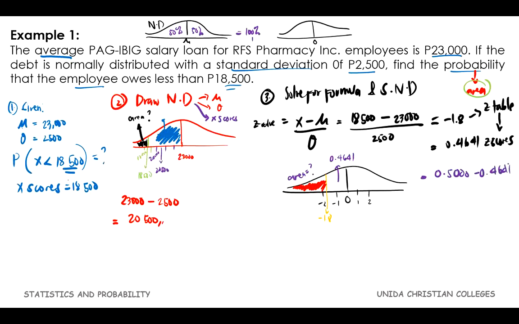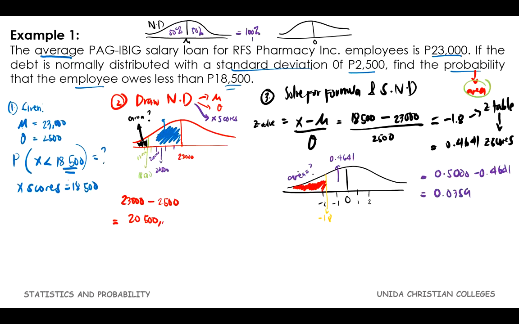0.46. Kung may magtatanong sa inyo, bakit po tatlong 0 yung nilagay? Kasi nga, alignment tayo. 4 digits yung ginagamit natin sa Z table. Okay po? So, same lang din naman yung class. Okay po? So, 0.5000 minus 0.4641, our answer is 0.0359. Okay?